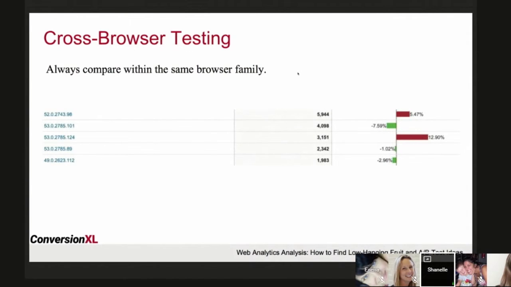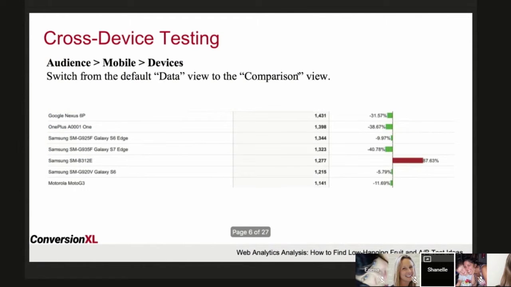And when you identify a problem like this, you can use something like BrowserStack, which replicates the experience that the people coming in on this browser version are going to see. And you can use that to figure out what might be causing that 12.9% decrease in performance.